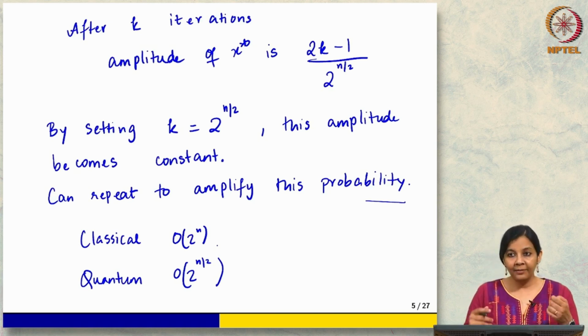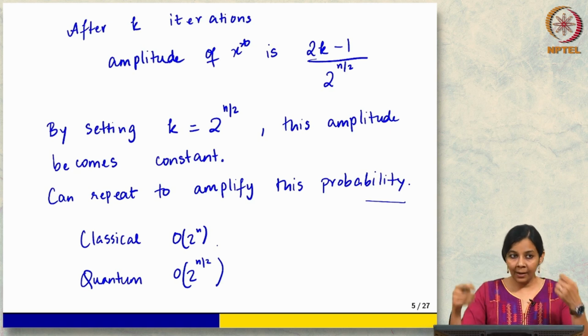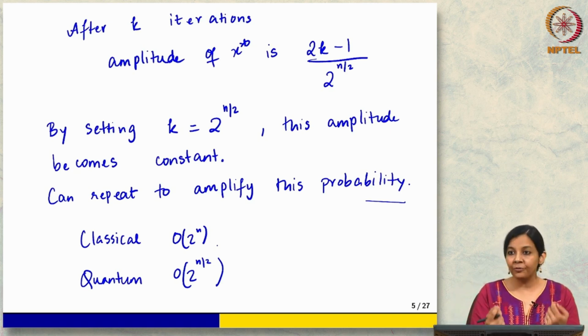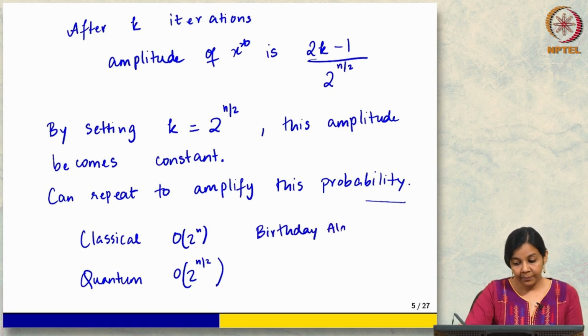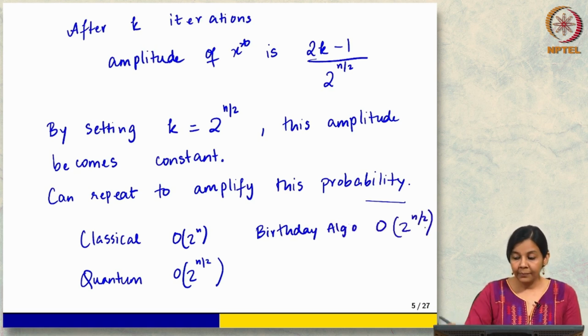So if I, instead of going serially, pick points at random, then I can hope to find the solution sooner. So this is something you can explore in your next homework. For now, I will just tell you that using the birthday algorithm, you can actually get classically 2 to the n over 2.